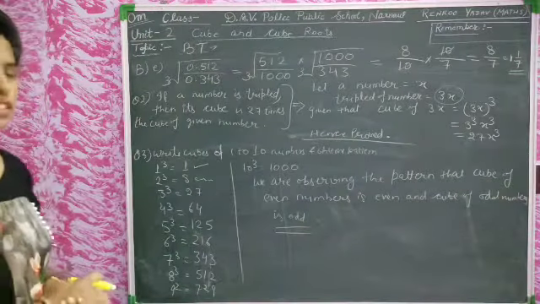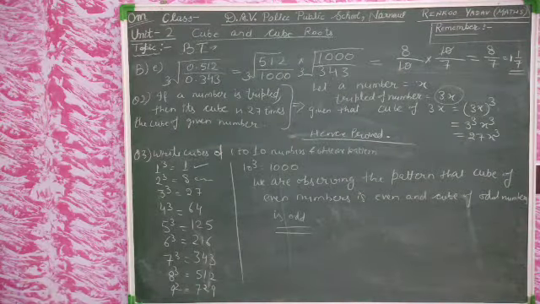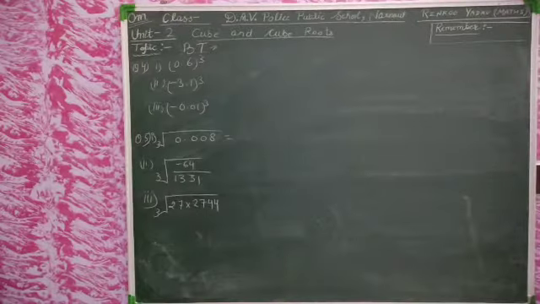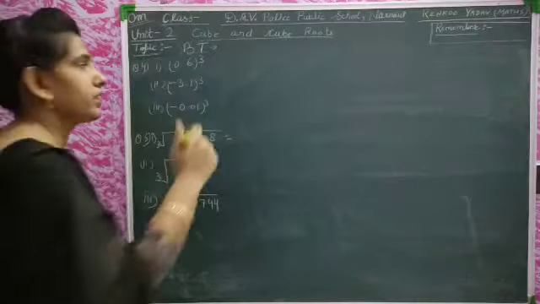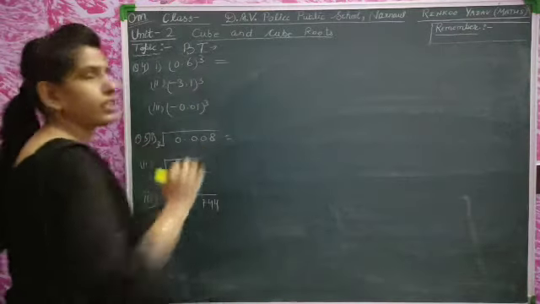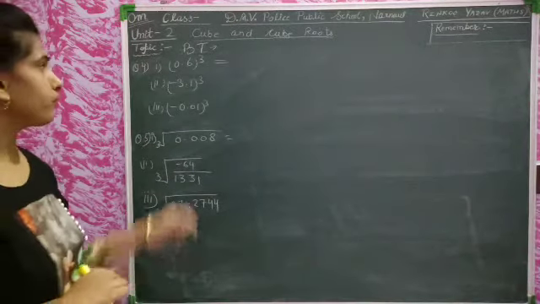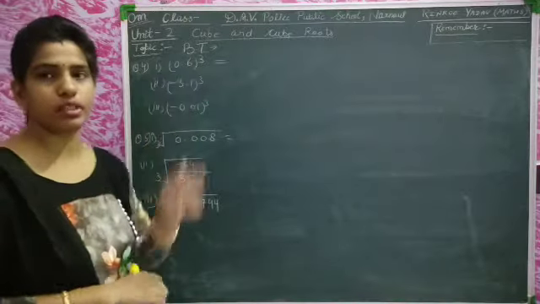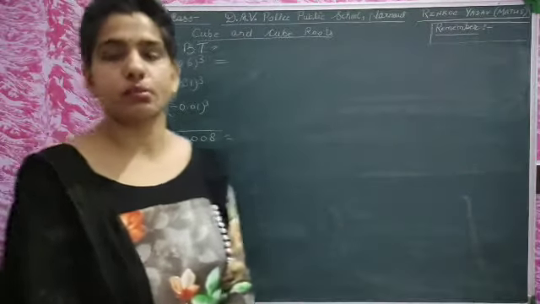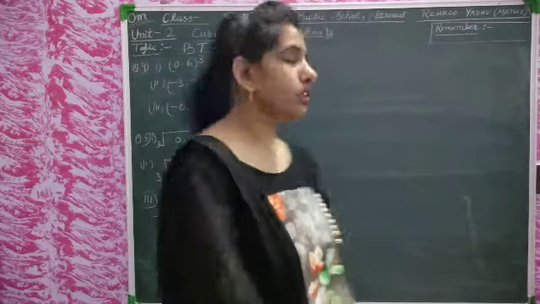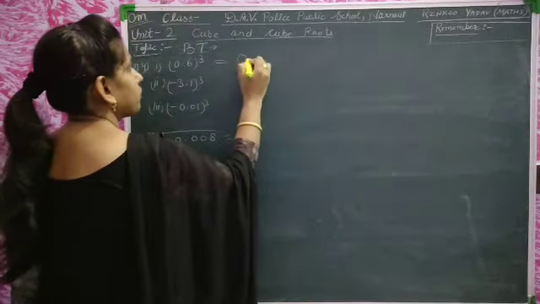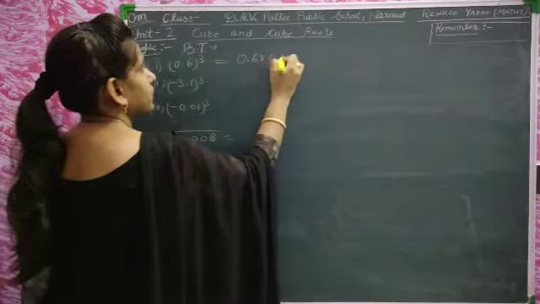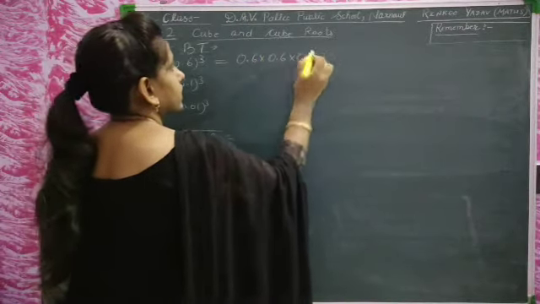Okay, students, let's see here. Now the next question. You are seeing that question number first, part 1 is cube. We have to find the cube of 0.6. When 0.6 is multiplied by itself 3 times, it equals 0.6 into 0.6 into 0.6.